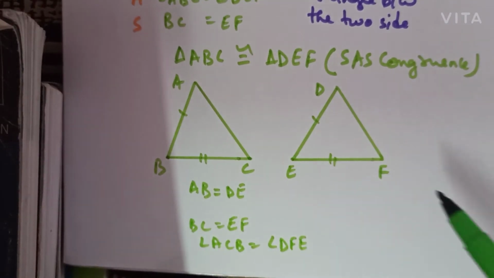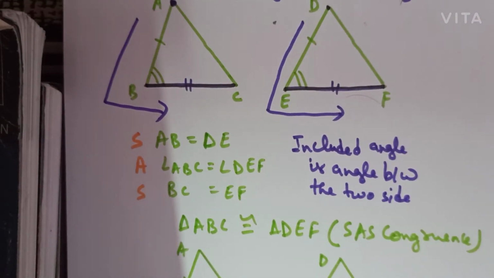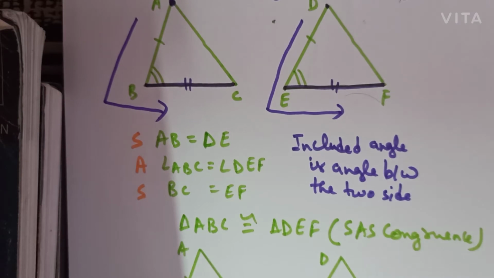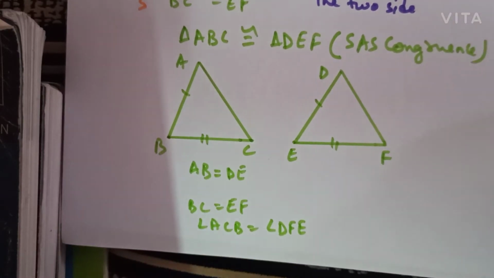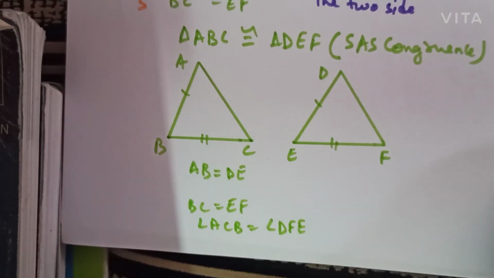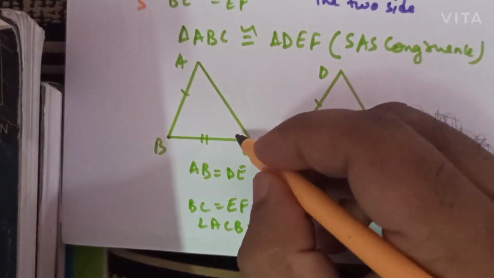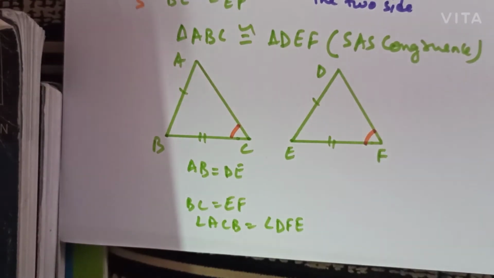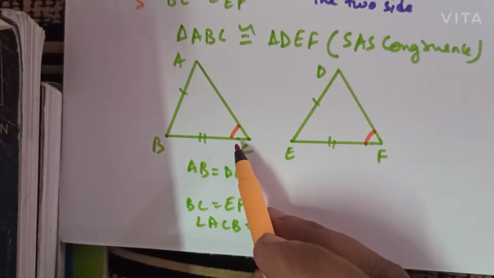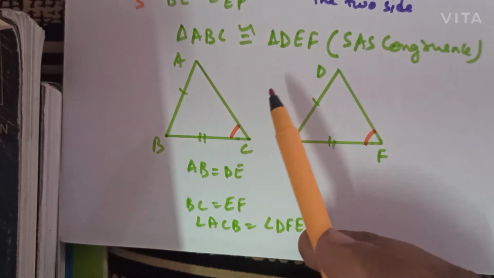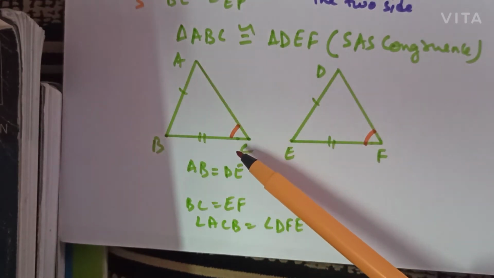Now my question is, as in the previous example, two sides and one angle were equal: AB equals DE, BC equals EF, angle ABC equals DEF. Here also AB equals DE, BC equals EF, two sides and one angle are equal, but the angle which is equal is not the included angle. Angle ACB is not lying between the two corresponding sides AB and BC.